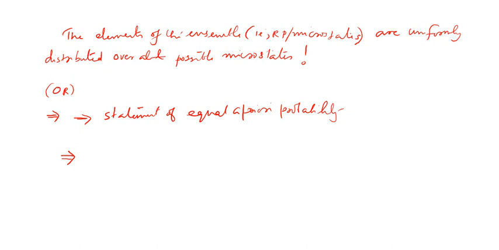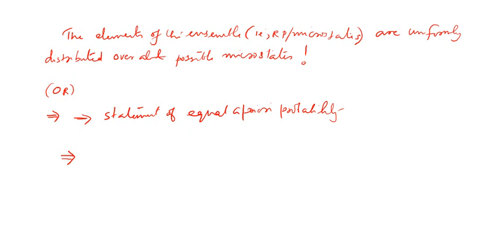In the absence of any other information, we are tempted to believe that all microstates are equally probable. And the second one was the ergodic hypothesis, which says that the long time average of any physical quantity is equal to the average for the appropriate statistical ensemble, or ensemble average is equal to time average.